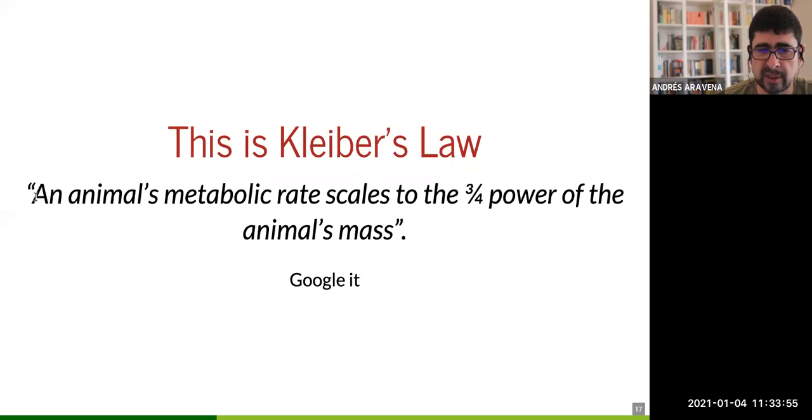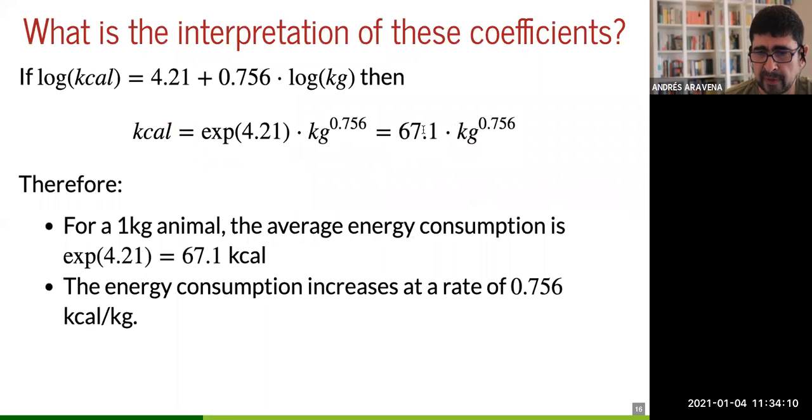You Google it and it says the metabolic rate of an animal scales to the 3/4 power of the animal mass. 3/4 is 75%. Okay, but there is an error in the last, but it's part of the error. It's in the margin of error.